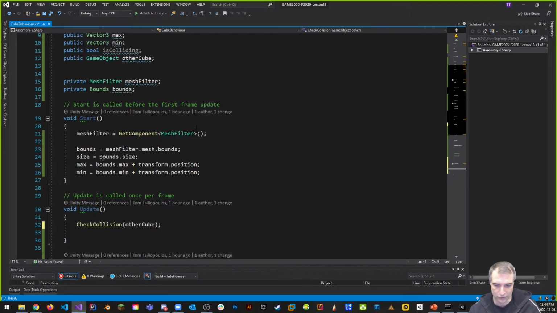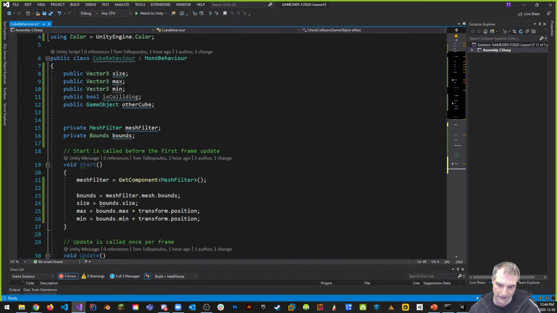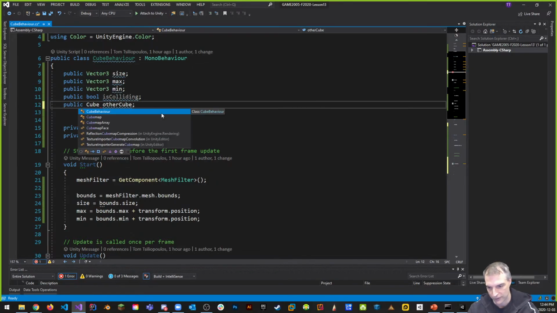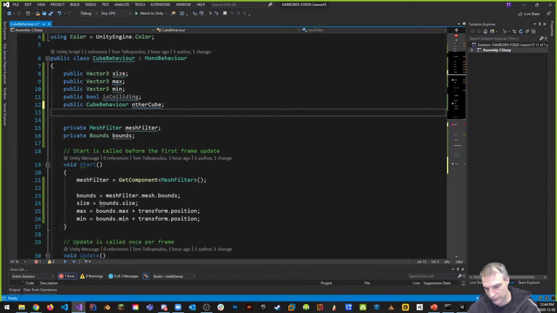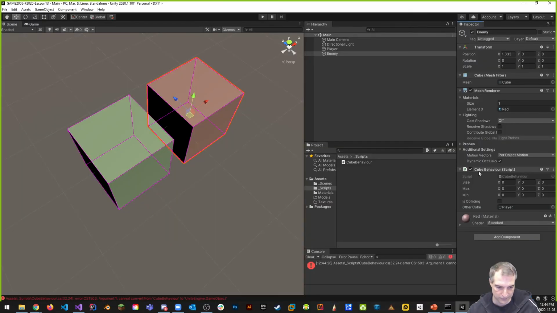It doesn't know that it has a script on it. However, what I could do instead is use another game object with a script that is the same as mine, cube behavior. So if I did something like this, cube behavior, another object with cube behavior as a script on it, then if I go back, this isn't going to match anymore. Here as an example, I can't do other cube is this.